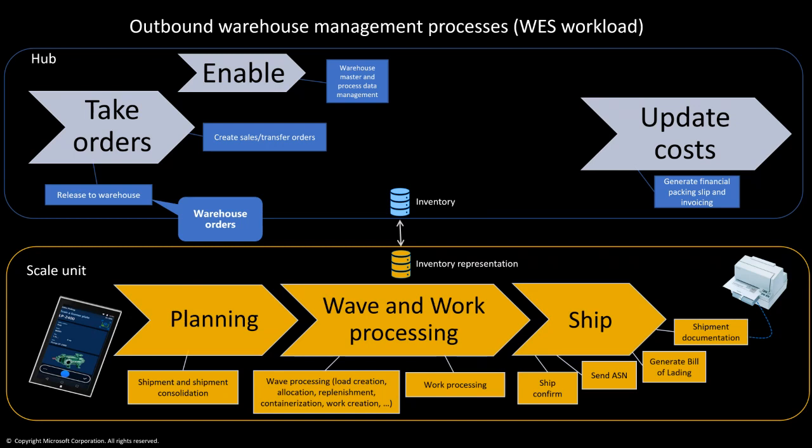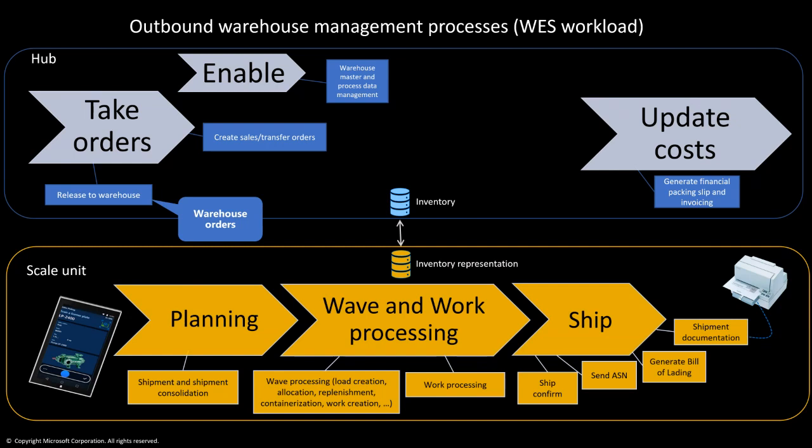So you can see here from a scale unit perspective, you can do all of your planning for shipment consolidations, etc., load planning on the scale units. You can then generate your waves or work processing on that scale unit as well. And you can see here it includes load creation, allocations, replenishments, containerizations, all supported on these scale units at this point in time. We generate that work. You can go execute that work.